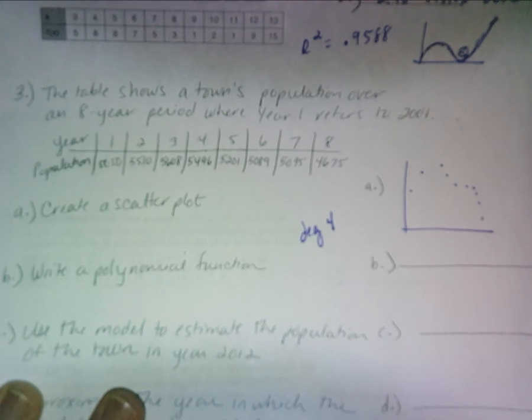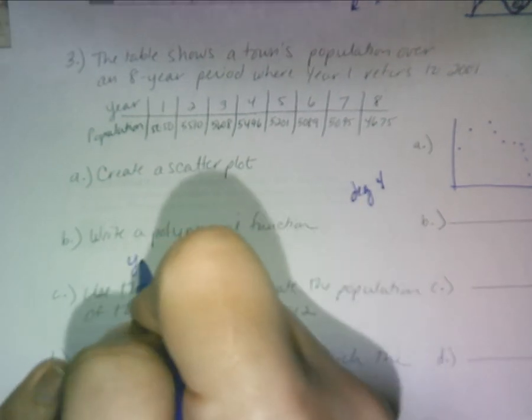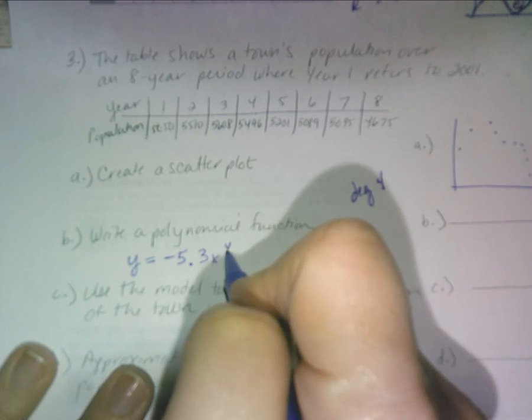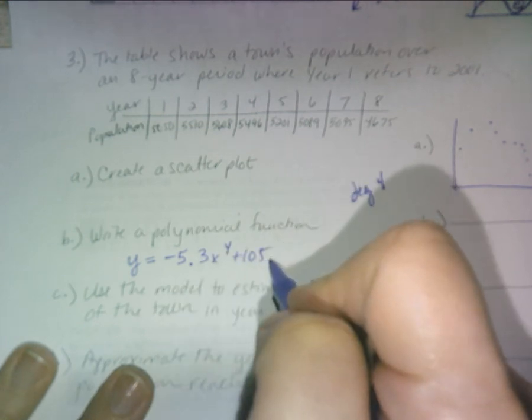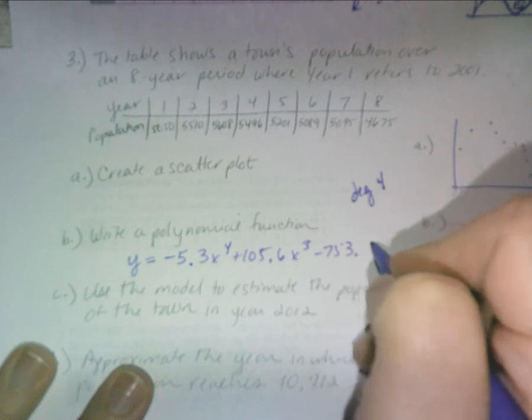So go to stat, calc, I'm going to go down to quartic, and I'm going to write my polynomial function out. So I have y equals -5.3x to the 4th plus 105.6x to the 3rd ... 753.6.